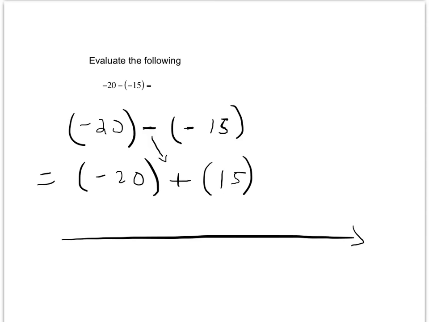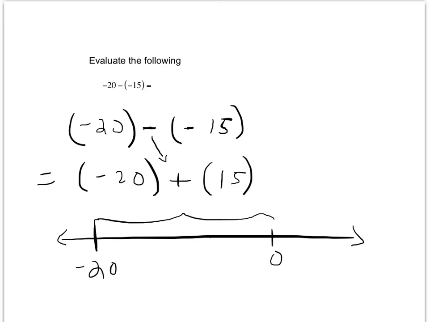So we can do it on the number line, and if we start at 0 and I go 20 units to the left, which is negative, I'm at negative 20. Let me change colors for you real quick.